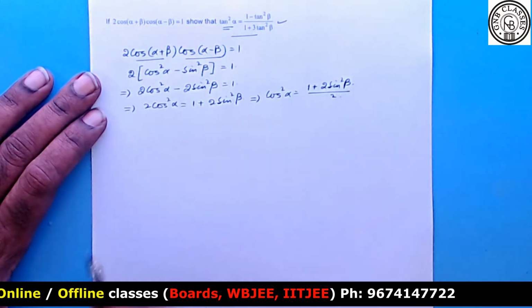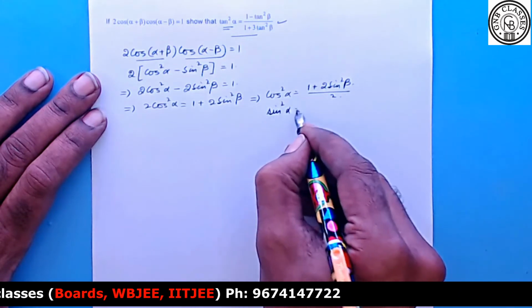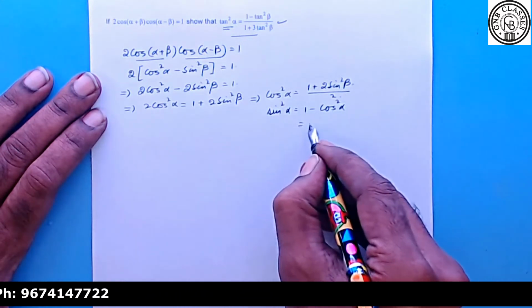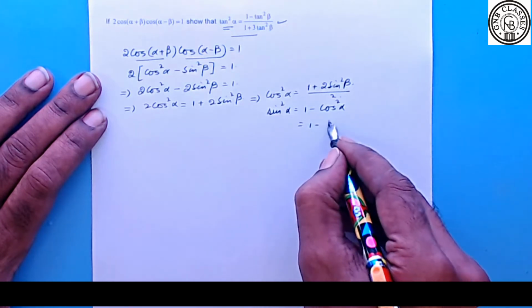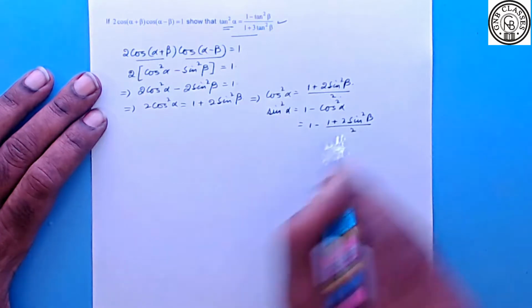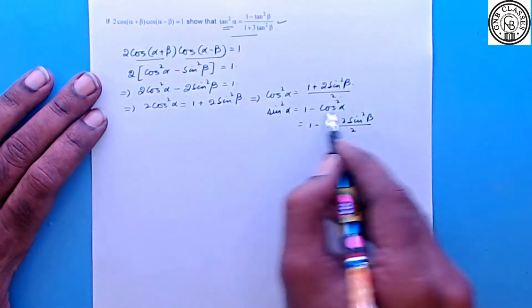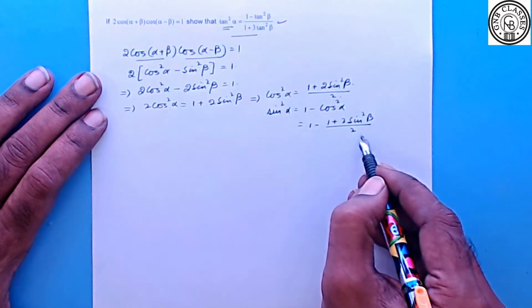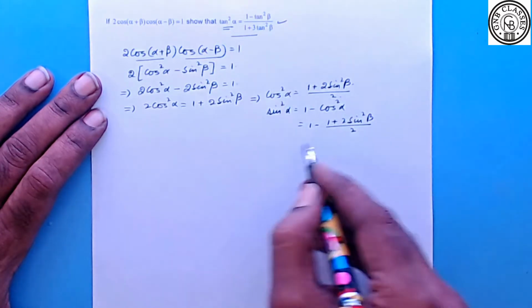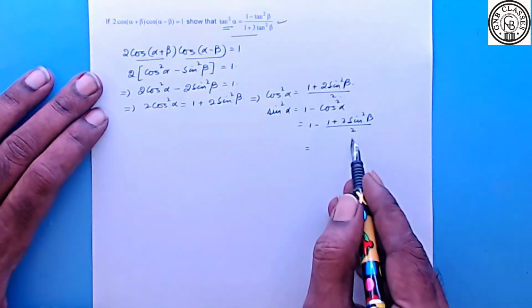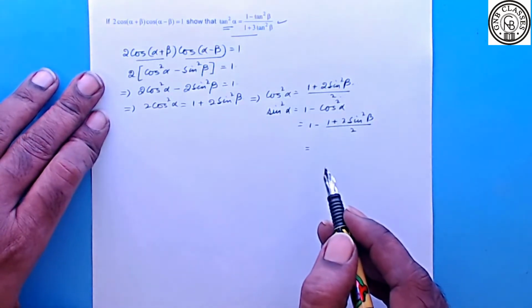Absolutely. Now, sin square alpha is 1 minus cos square alpha. That gives us 1 minus (1 plus 2 sin square beta) divided by 2, because cos square alpha is (1 plus 2 sin square beta) divided by 2. That exactly I put it here to get the value of sin square alpha. In place of cos square alpha, I have put that to get the value of sin square alpha.